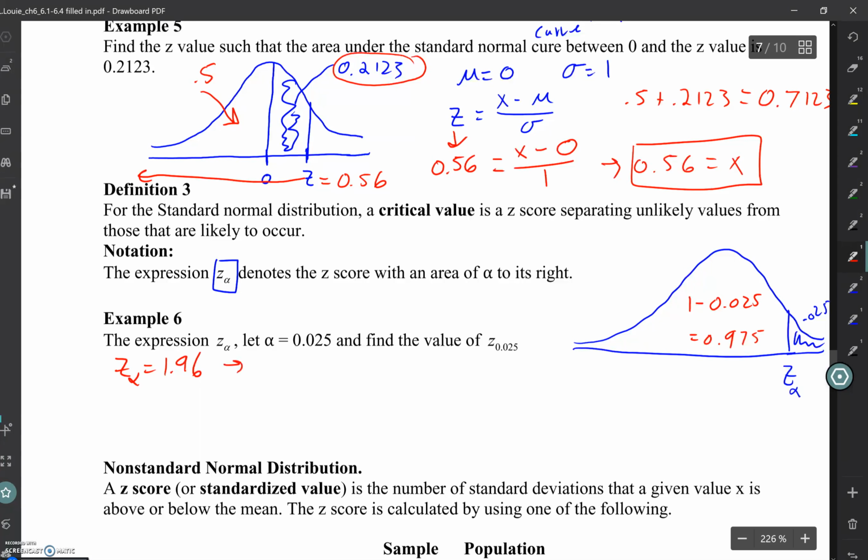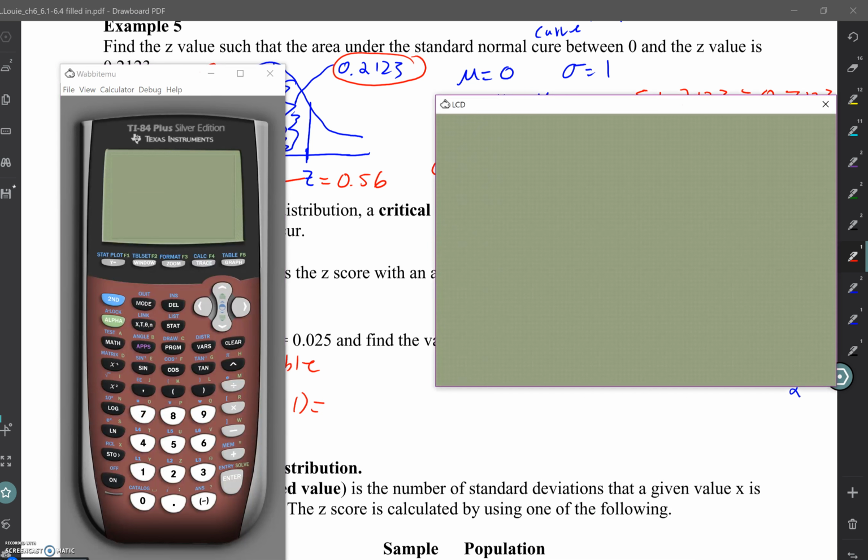So this is what I got going to the table. I could also use inverse norm, and we could do 0.975 with a 0 and a 1, and it would also give it to us. So let's try that.